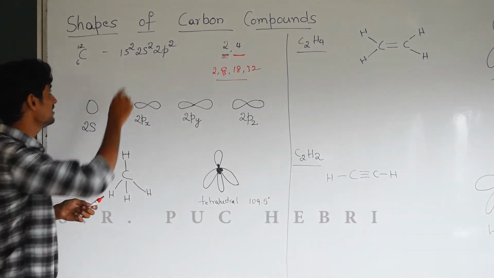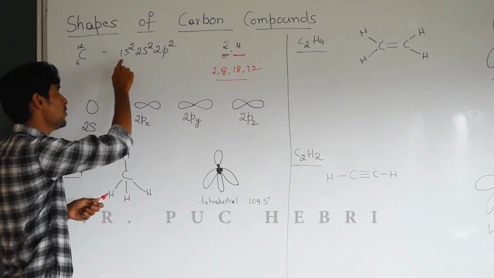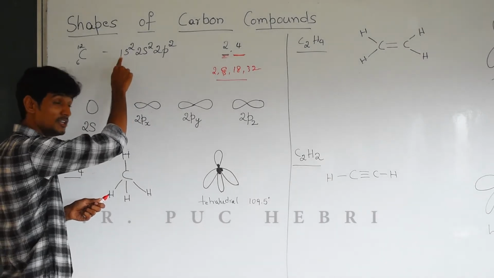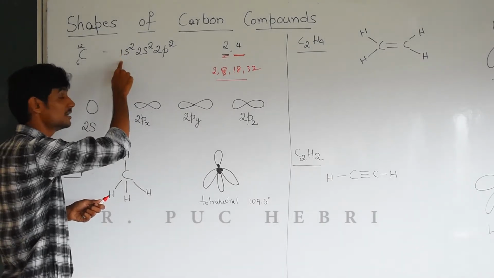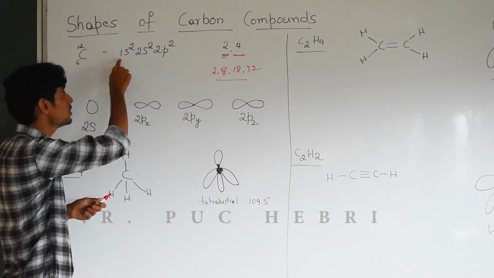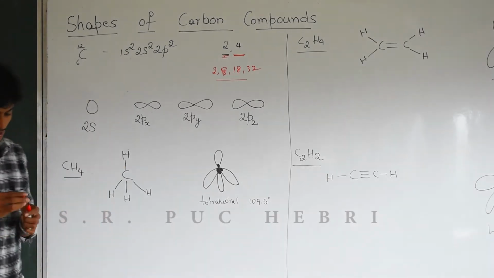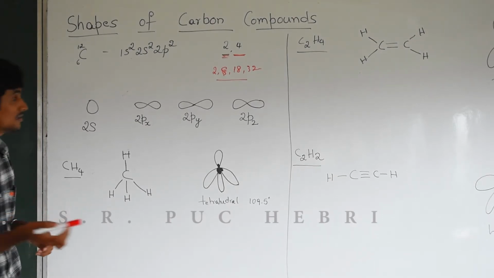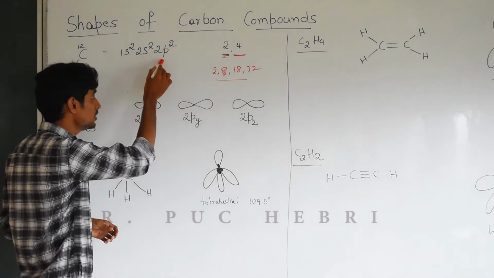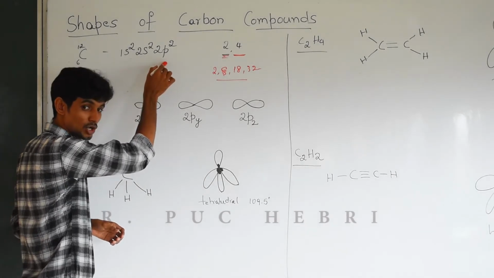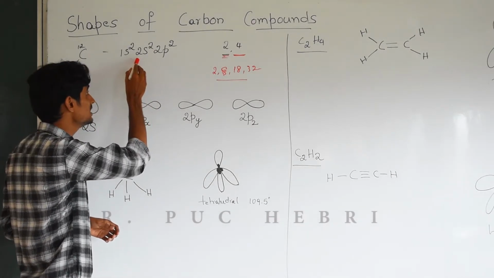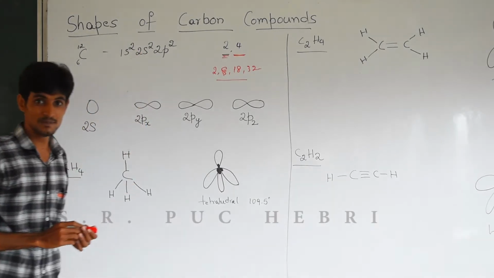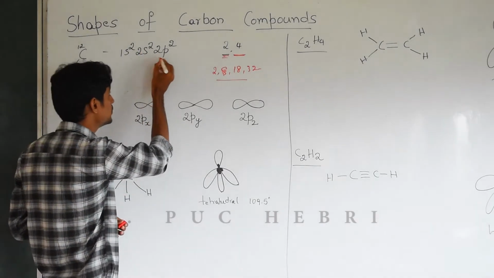Electrons are present in the first orbit, and in the first orbit the electrons are present in the 1s orbital. 2 electrons are present in the 1s orbital, and the remaining 4 electrons are present in the second orbit. But in the second orbit the electrons are present in the 2s orbital and 2p orbital.